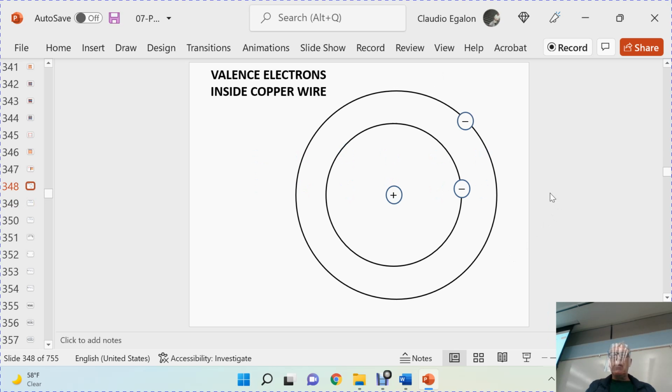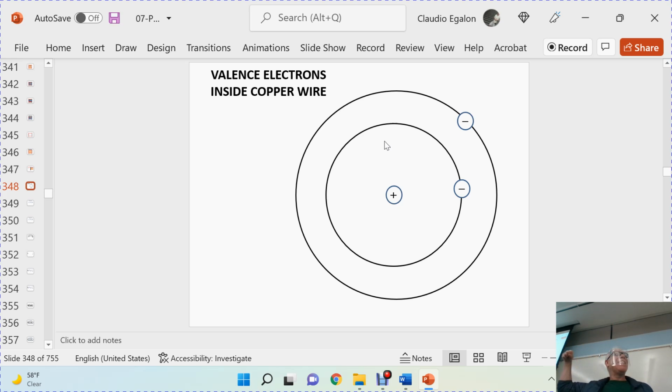The valence electrons are the ones on the outer shell of the atom, the furthest from the nucleus. And the further away you are, the easier it is to extract that electron from the atom.